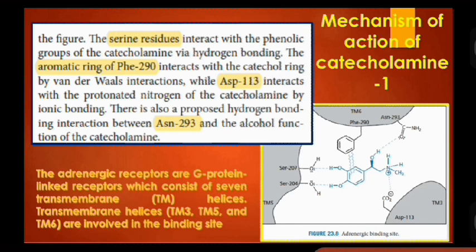Now, once again for recalling, the 7 transmembrane receptor is involved in the interaction. Of that, TM3, TM6 and TM5 are involved. So, to remember, the serine is for catechol OH groups from the drug.